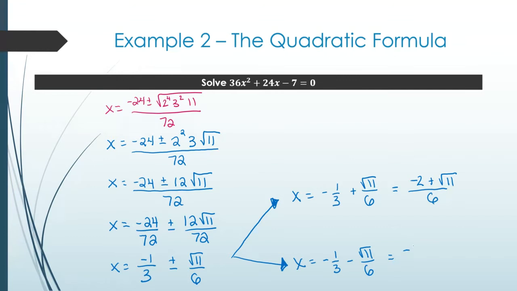And then the same thing in the second equation, I'd have negative 2 minus the square root of 11 over 6. So there are multiple ways to write your answer. You could keep it in the plus or minus form, which we usually do if we have square roots involved.